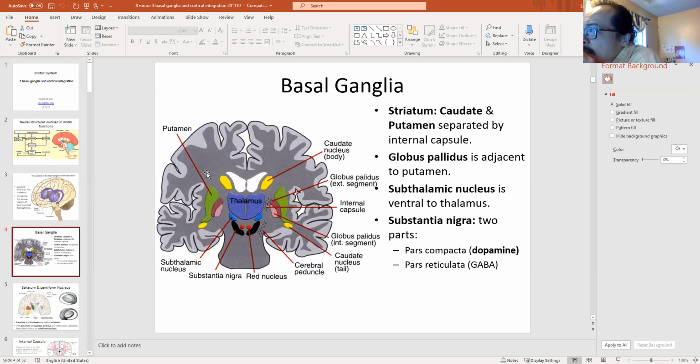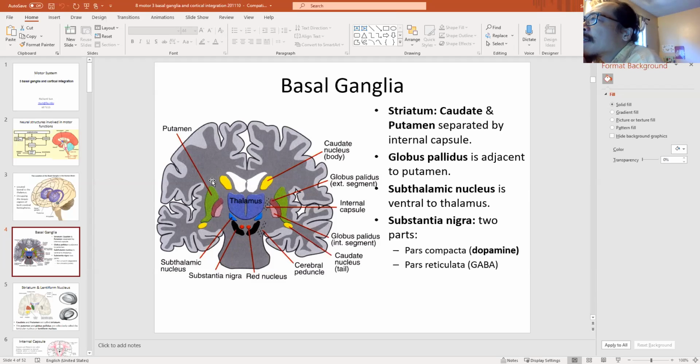This striatum is not connected because here we have white matter going through it, a fiber bundle. This fiber bundle is called the internal capsule. Down here is called the cerebral peduncle, but this portion is the internal capsule.